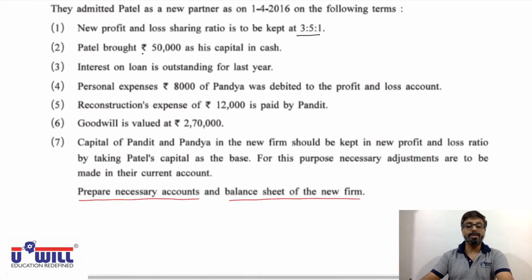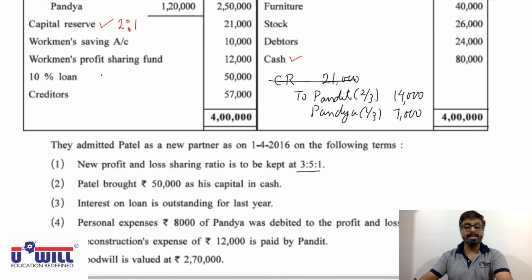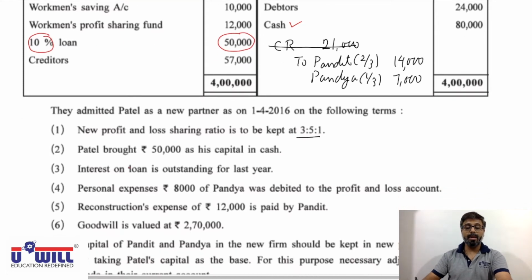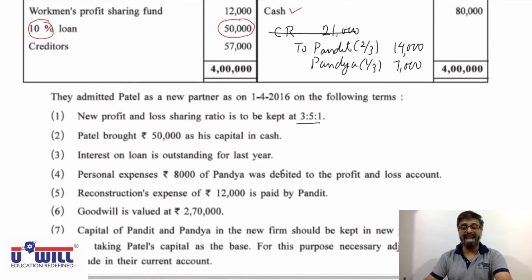Now the third adjustment: interest on loan is outstanding for last year. All of you can see here a 10% loan is given, 50,000. So what would be 10% interest on a loan of 50,000? 50,000 into 10%, 5,000. Now it is outstanding for last year, so it is our loss. We should be sad.